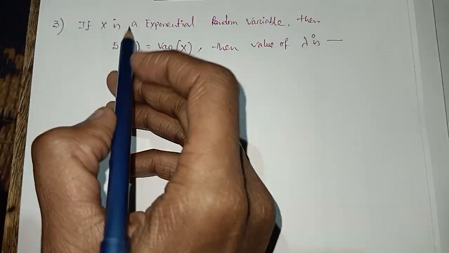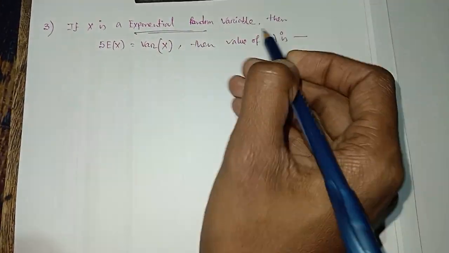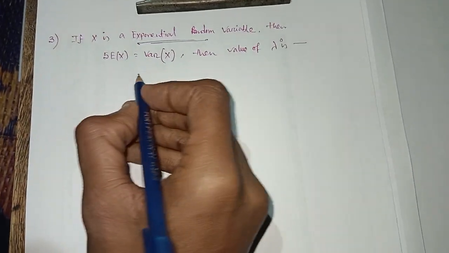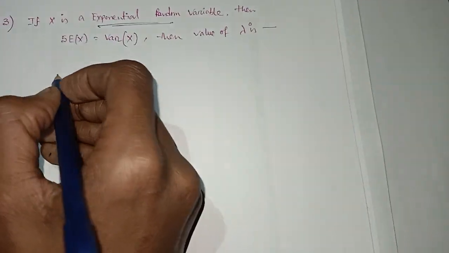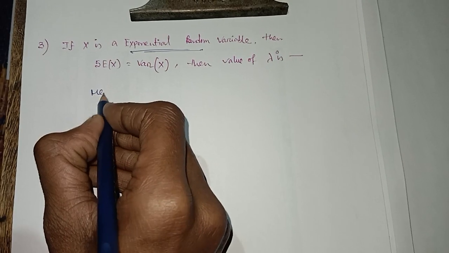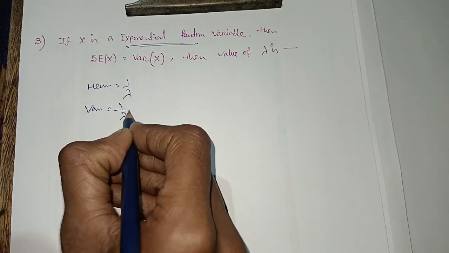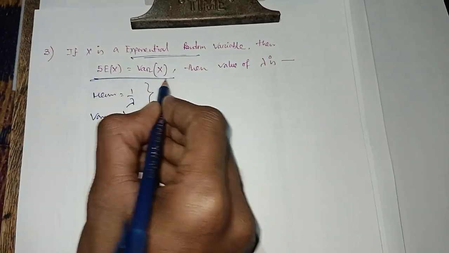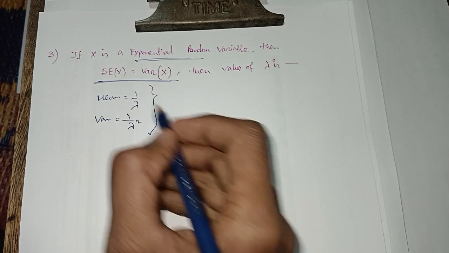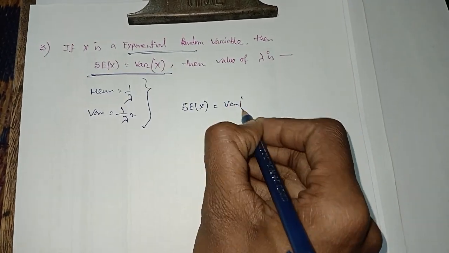So we get another question: if x is an exponential random variable, we know that for the exponential distribution the mean is 1 by lambda and the variance is 1 by lambda square. This is the basic thing we have to know. So we have to find the value of lambda in the given expression. 5 times the expected value of x is equal to the variance of x.